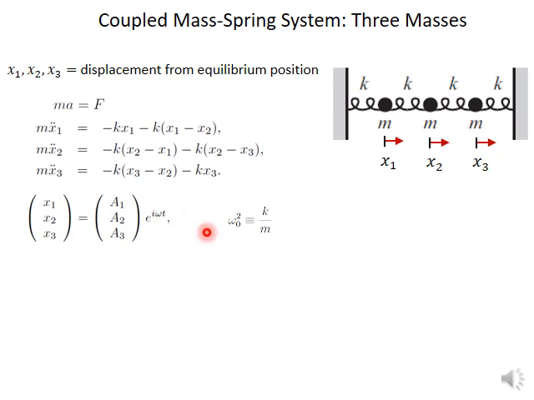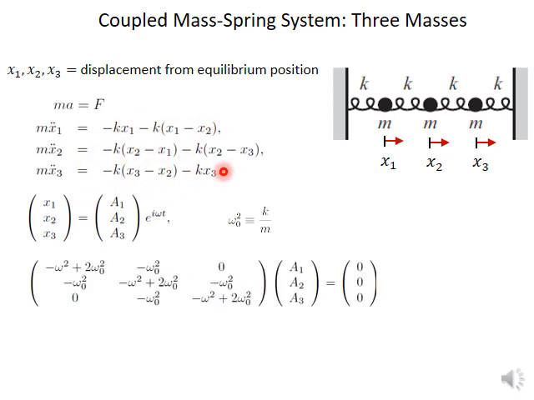To make things a bit simpler, because you would frequently encounter this k by m, I represent k by m as omega naught squared, which is simply the omega squared of a single spring system, just to make the calculation a bit easier. Now you can put these solutions into these sets of coupled differential equations, and you get an equation like this after simplification.